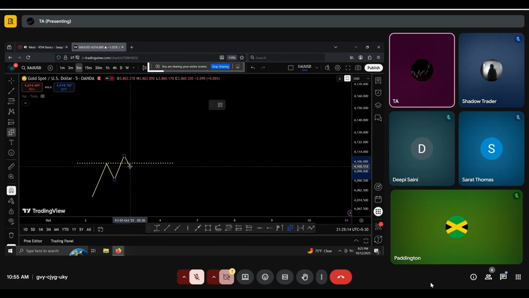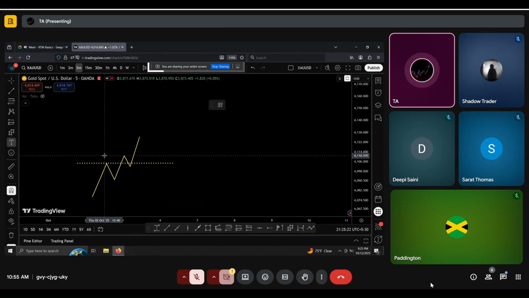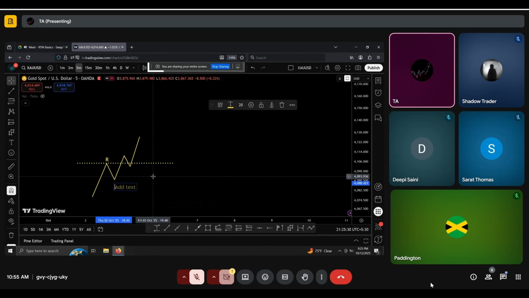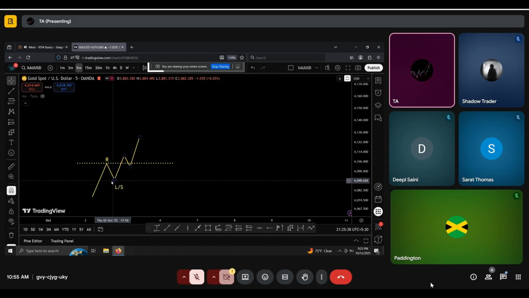Pulls back and then goes up again. So here at the resistance level, price came back, makes a low here. We can call it a low or we can call it support as well. Due to this support, the price went up again and creates a high here.